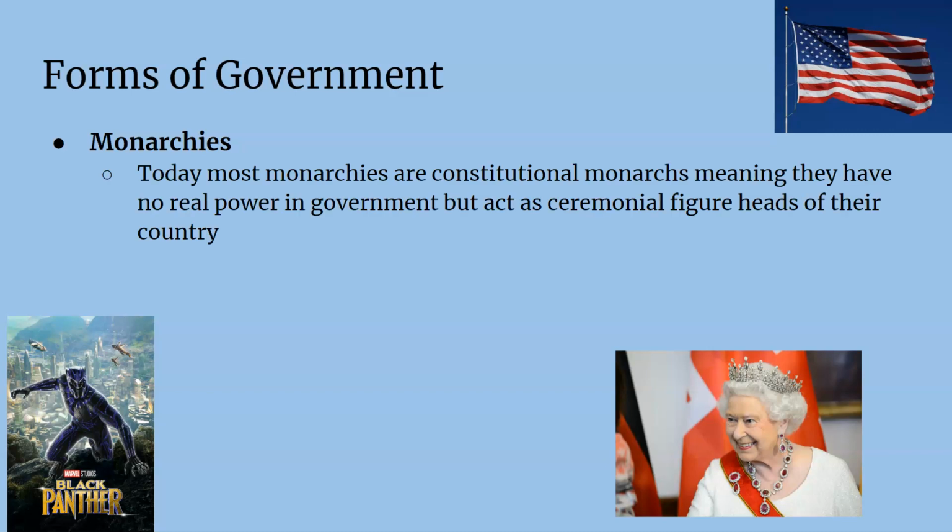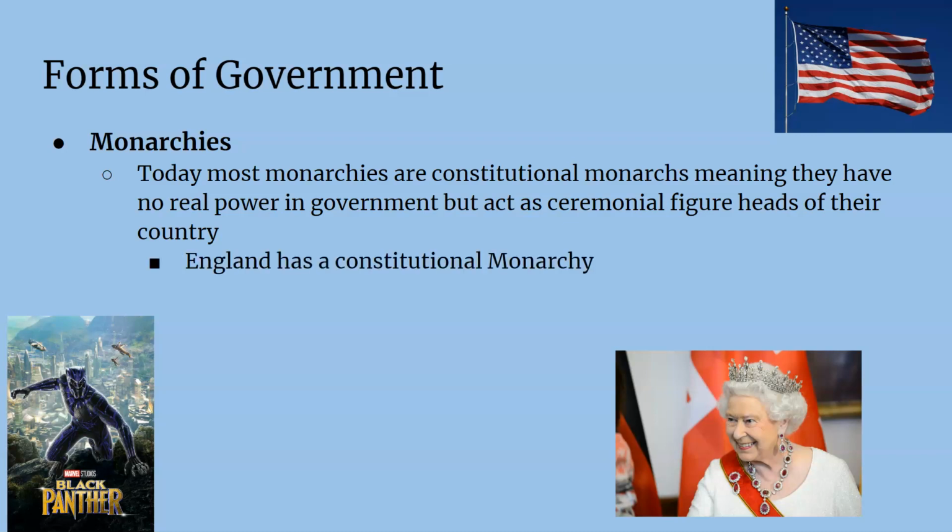Most monarchies today are constitutional monarchies, meaning the monarch really doesn't have a say in power. They're more just a ceremonial figurehead, because that particular country never had a revolution against their king or queen. They just had more of a peaceful revolution. They didn't chop off their heads like the French did.